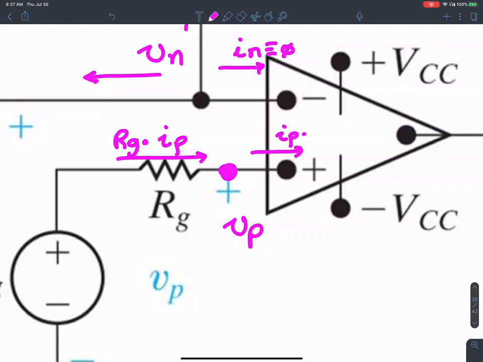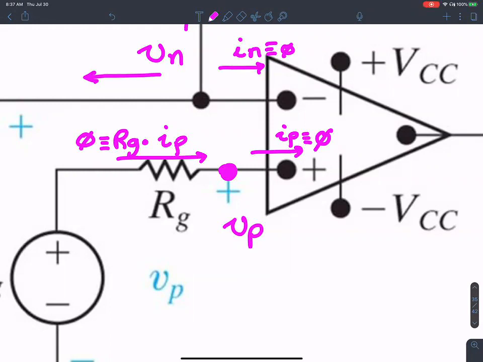Yes, because by Ohm's law, V equals IR. But what is IP? IP is 0, so the voltage dropped across Rg is 0 as well.